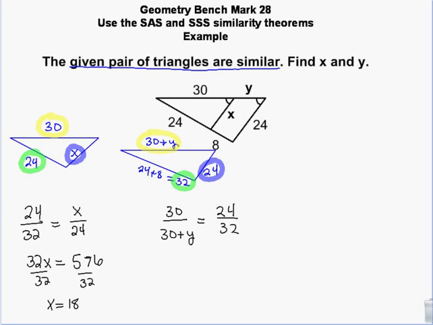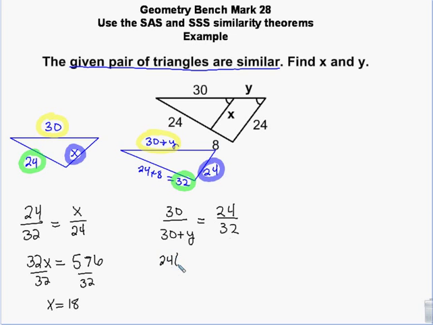Don't make a very common algebra mistake and think that these 30s will cancel. If it was 30 times y, they could cancel, but because that plus is in there, if there's a plus or a minus, they can't cancel. Okay, so make sure you don't do that.